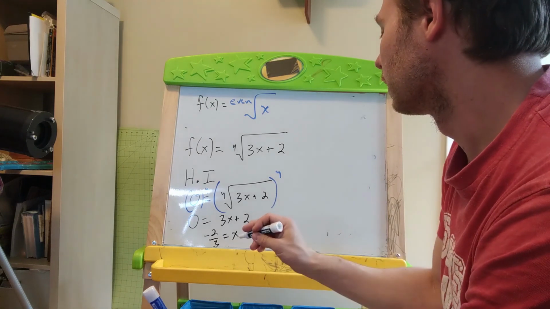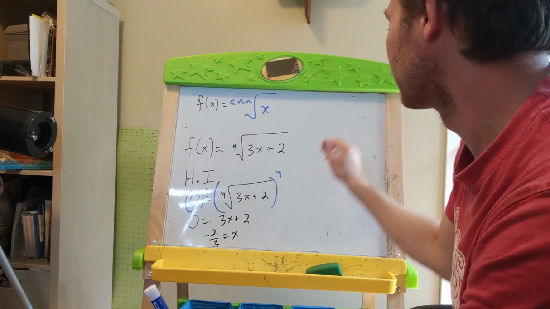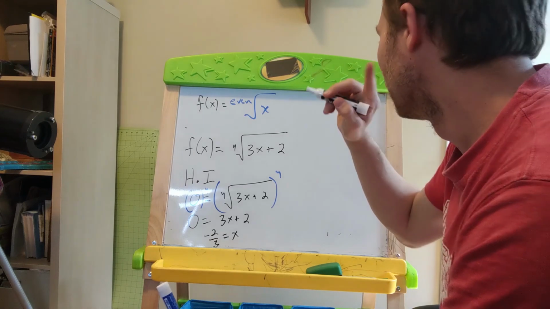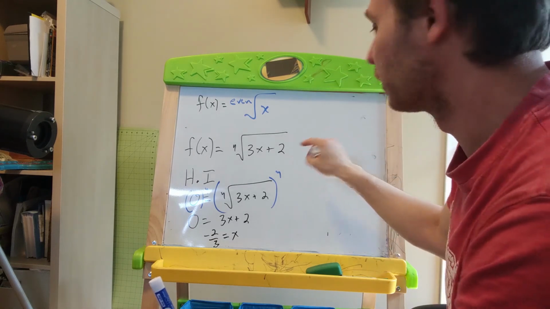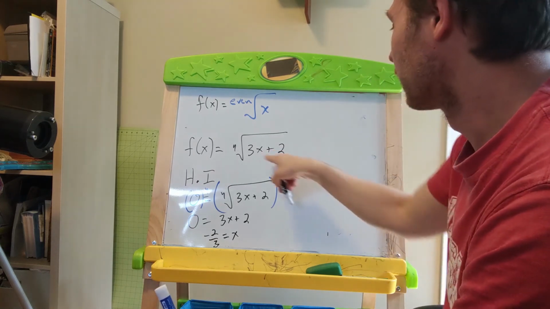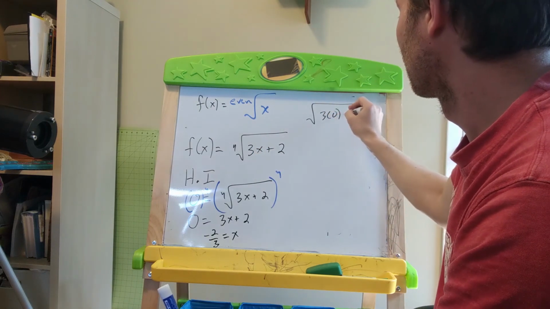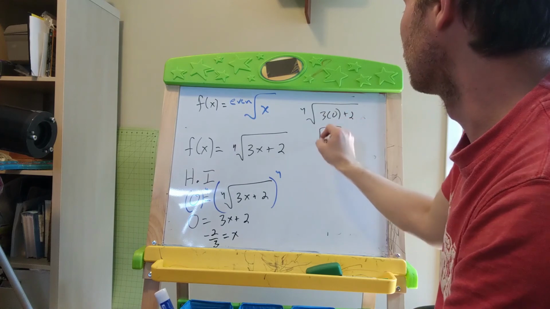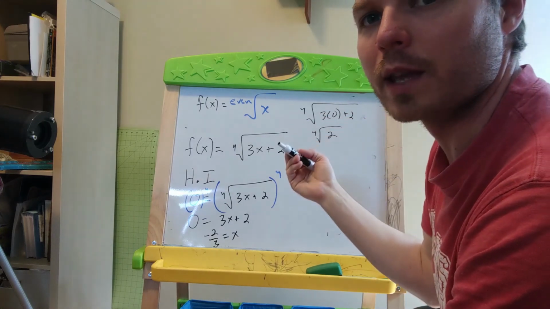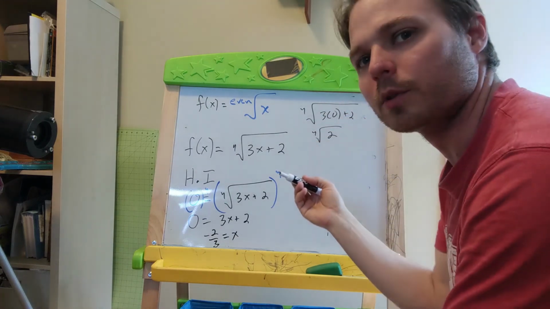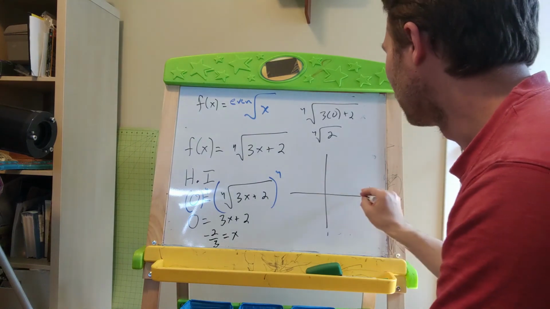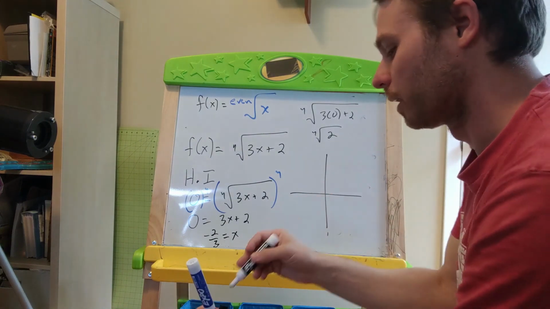Then you can take a look at it and see the vertical intercept is going to be a positive number, or it is going to exist, I should say. It's going to be the fourth root of 2, because if you put in x equals 0 right here, you're going to get the fourth root of 2, which I don't know off the top of my head, but it's a little bit bigger than 1.